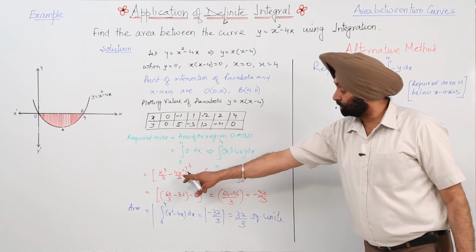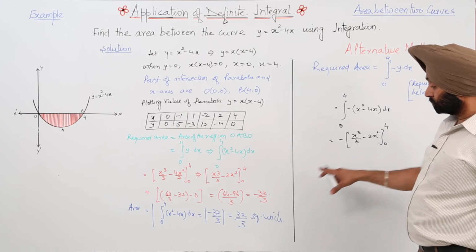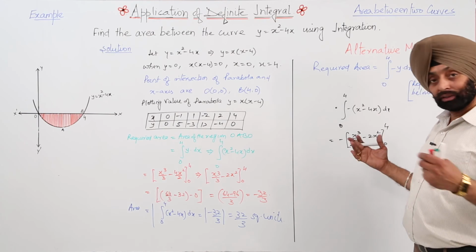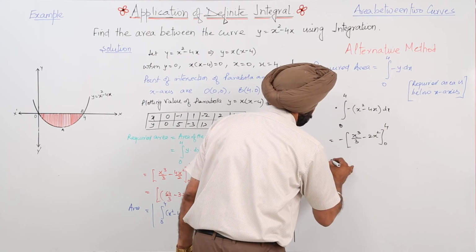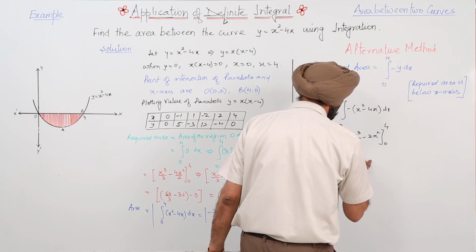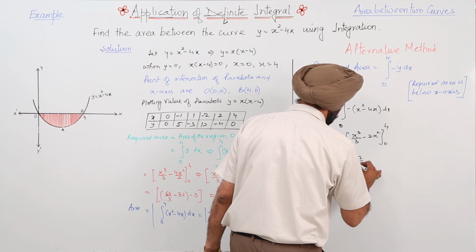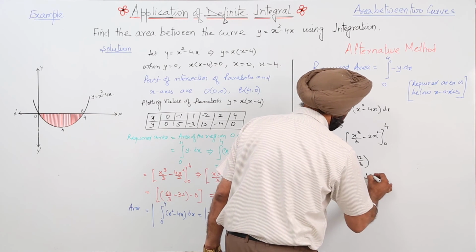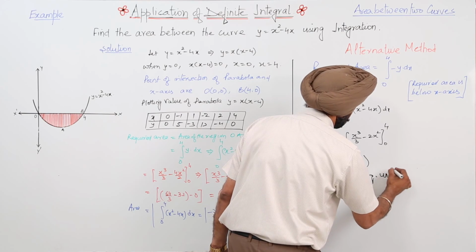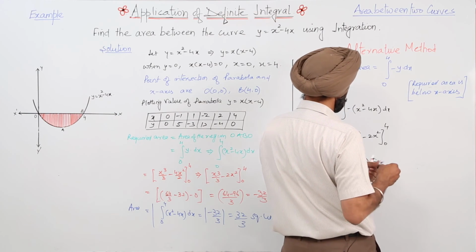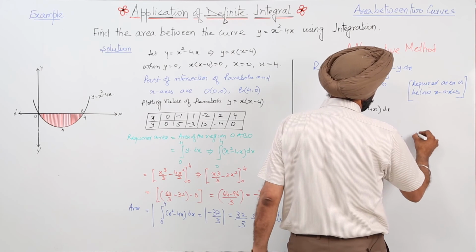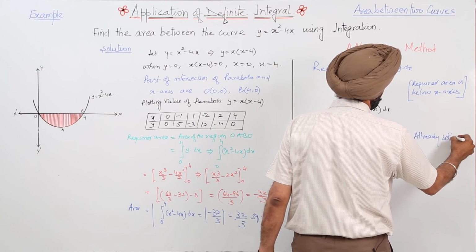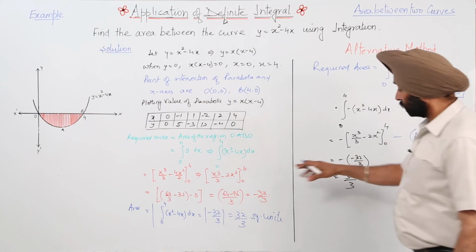X cube upon 3 minus 4x square upon 2, so this becomes x cube upon 3 minus 2x square. So I am directly writing from here. The result is now negative of minus 32 by 3, and this is equal to 32 upon 3 square units. Okay, this we have already solved.